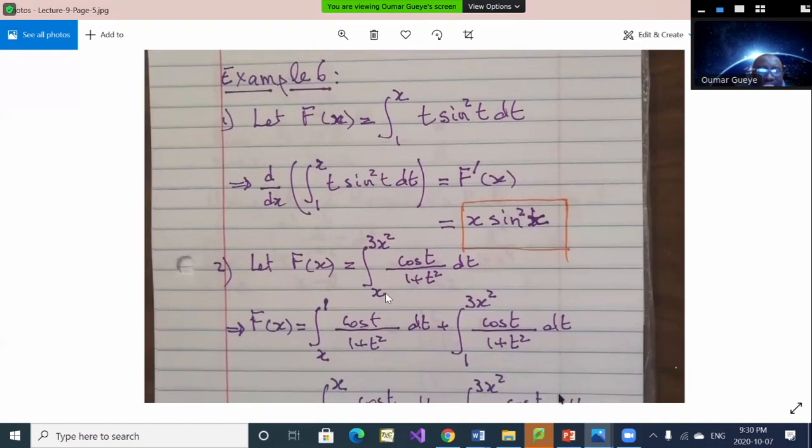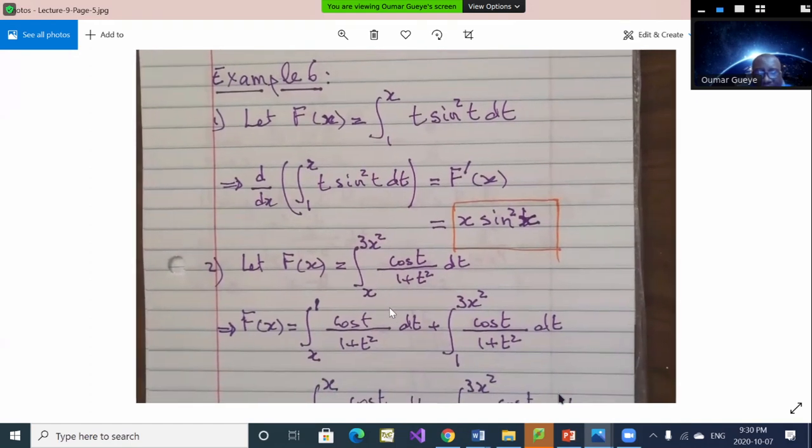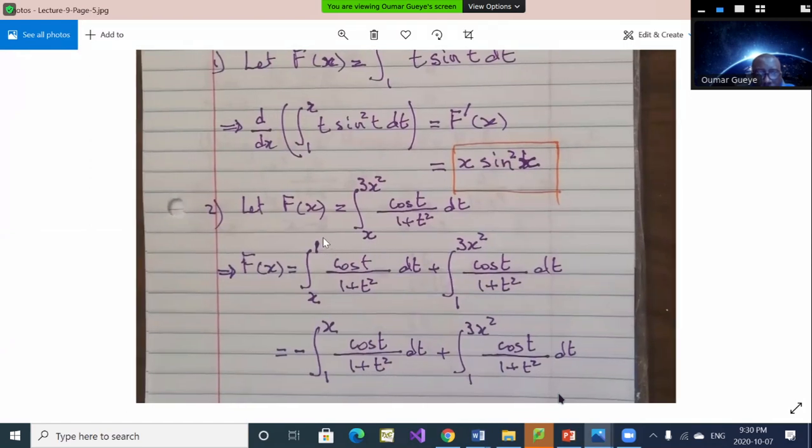You can introduce any number; at the end of the day you get the same solution. I decided to introduce 1, but you can introduce 2, 5, whatever you want, as long as the function is defined at that point. This function is defined because the denominator cannot be 0, so it's defined for all real numbers. It's continuous, so we can use any number.